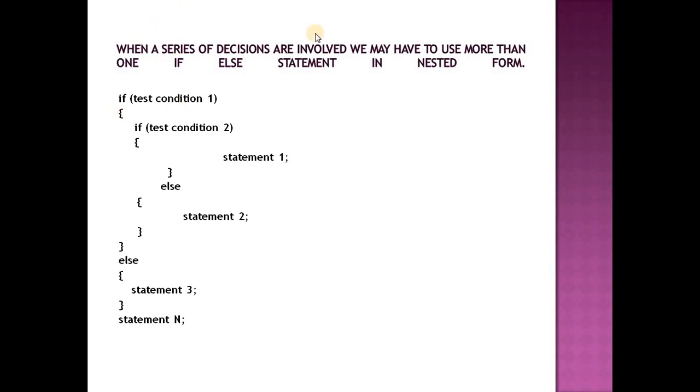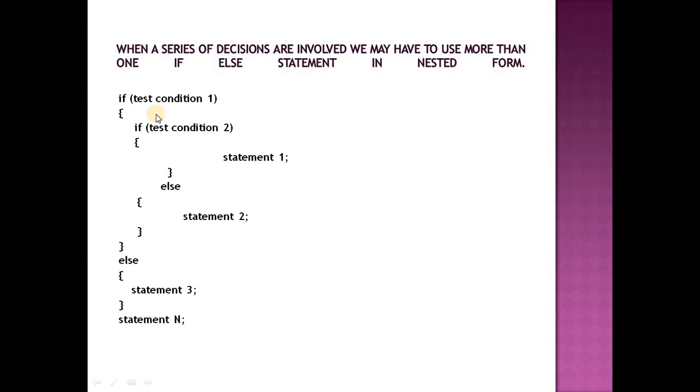That is, if test condition 2 will get evaluated. If this condition is true, statement 1 will get executed and directly we will come to this curly bracket. Else part will not get executed and directly the control will go to statement n.